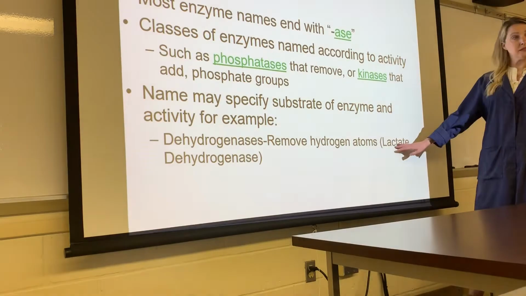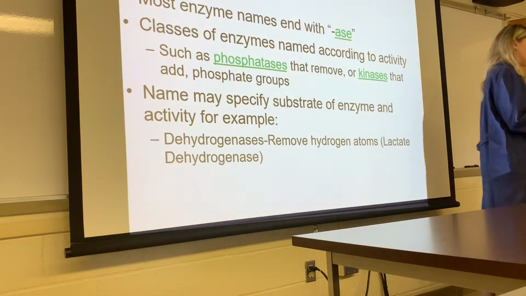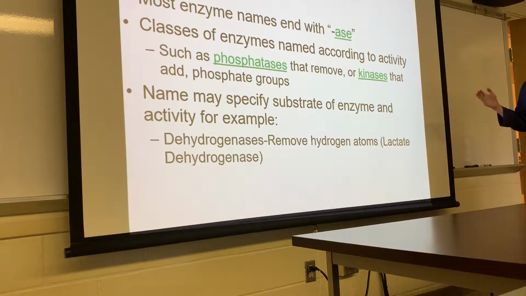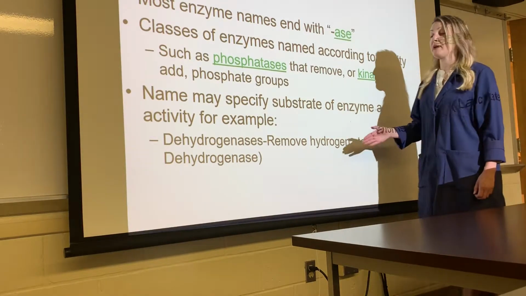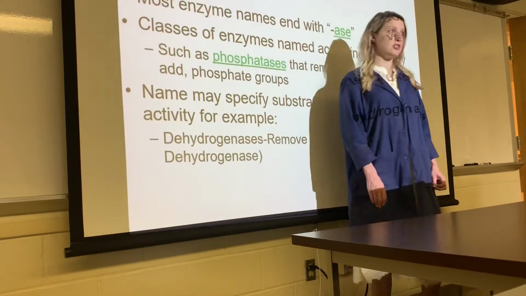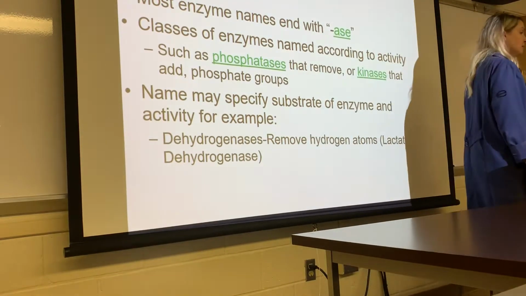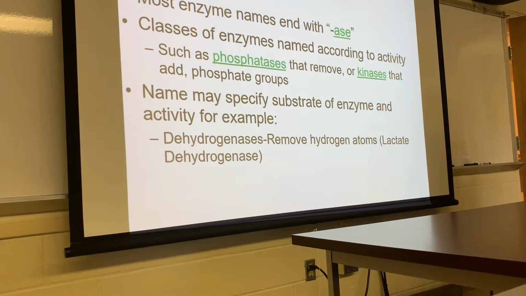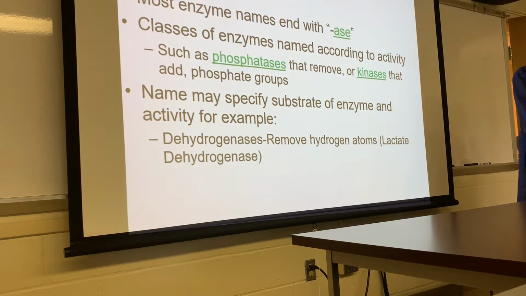So lactic acid, which is actually generated in skeletal muscle, can have hydrogens removed from it by lactate dehydrogenase, which makes it pretty much unable to donate hydrogens. So you don't want an acid anymore, right?